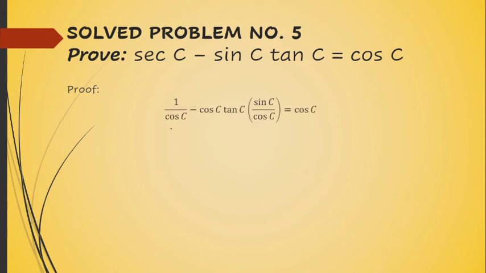So, the proof. What is the identity of secant? Ito po yung purpose ng mga identities. And sine, that is the equivalent of cosine C, times tangent C. And the equivalent of tangent C is sine C all over cosine C, which is equal to cosine C. Wala tayong ipapakialam sa cosine C. Kasi pag sabi natin identity, wala kayong itatranspose.